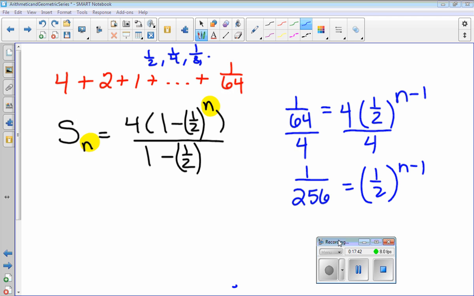So 1/8 times 1/2 is going to be 1/16. And then after that, we keep going times 1/2. 1/16 times 1/2, guys. 1/16, good grief, times 1/2 is going to be 1/32.